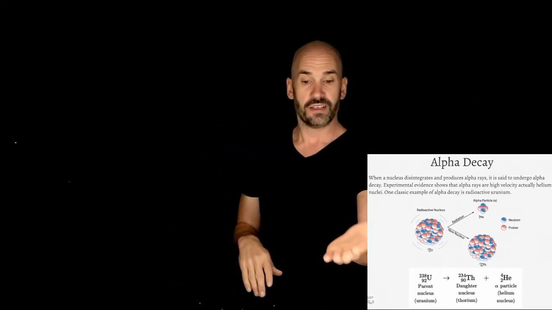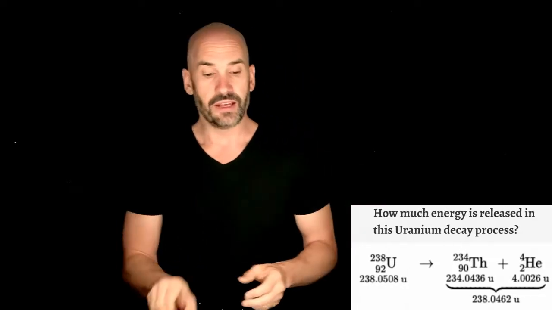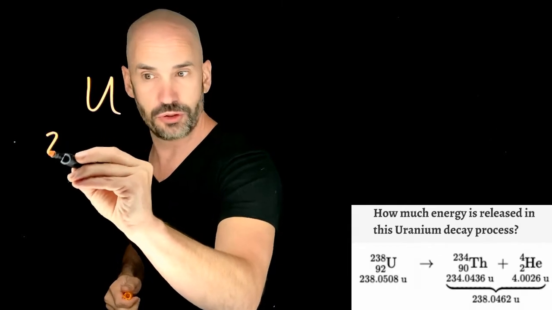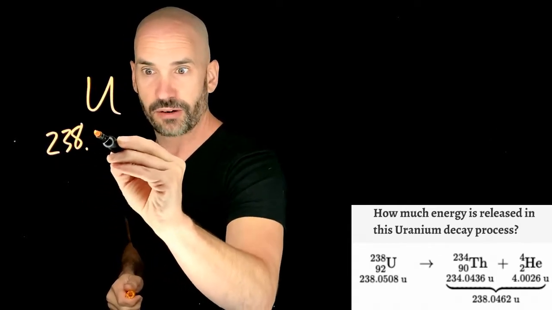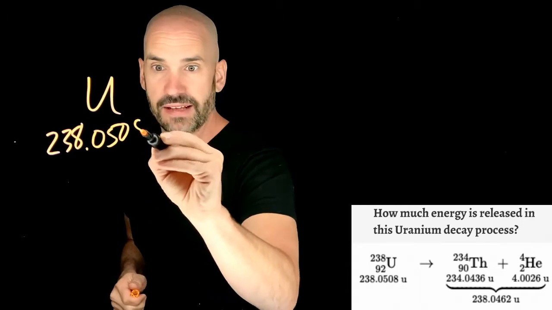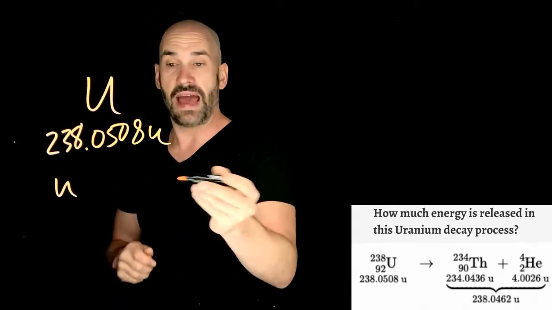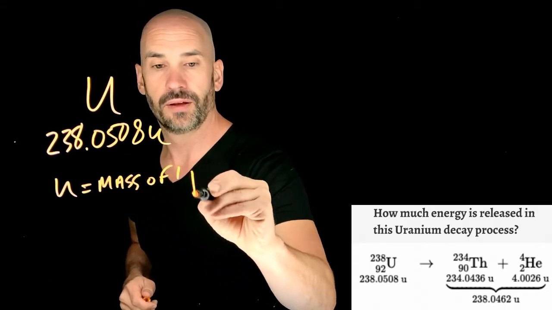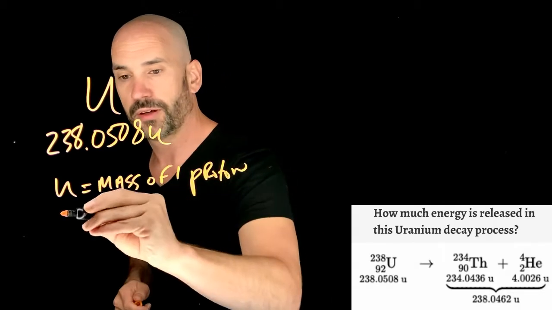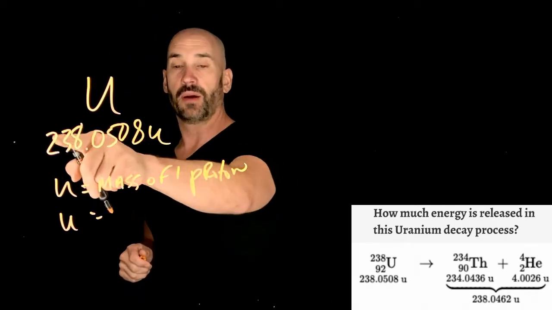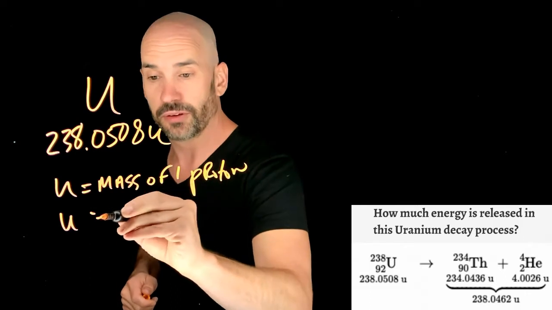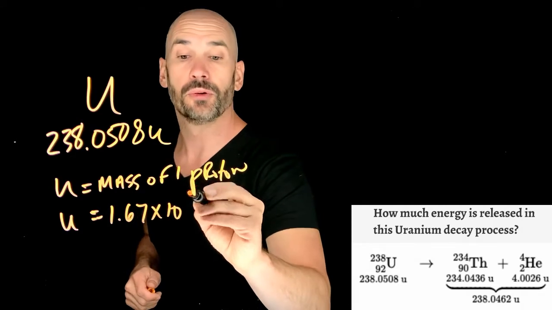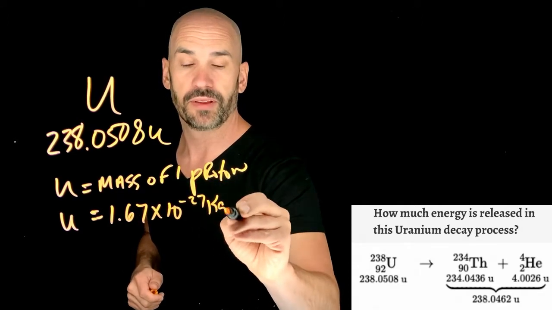And so this little breakdown here says that when uranium is a parent, then the mass of it is 238.0508 U, where U is the mass of 1 proton. Right, so this is a little bit of an abbreviation notation. So U is just going to be 1.67 times 10 to the minus 27 kilograms. That makes it a little bit easier, right?